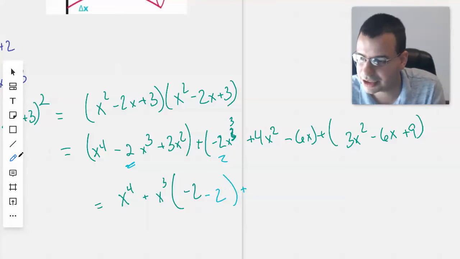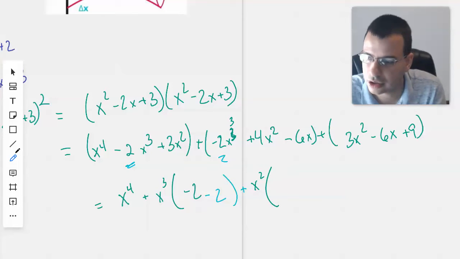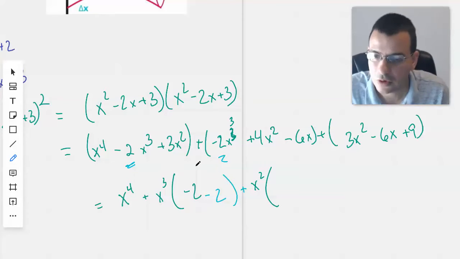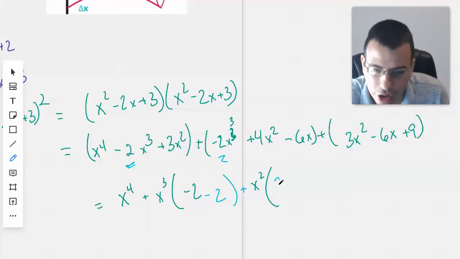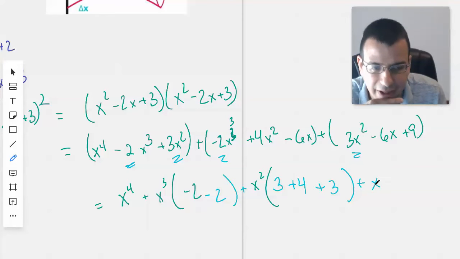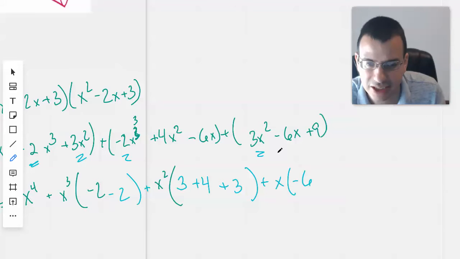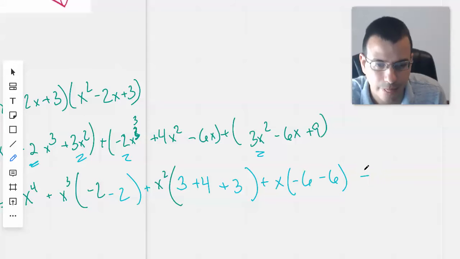For x squared, we have 3x squared plus 4x squared plus another 3x squared. For x, there are none in the first group, a minus 6x over here, and another minus 6x over here.